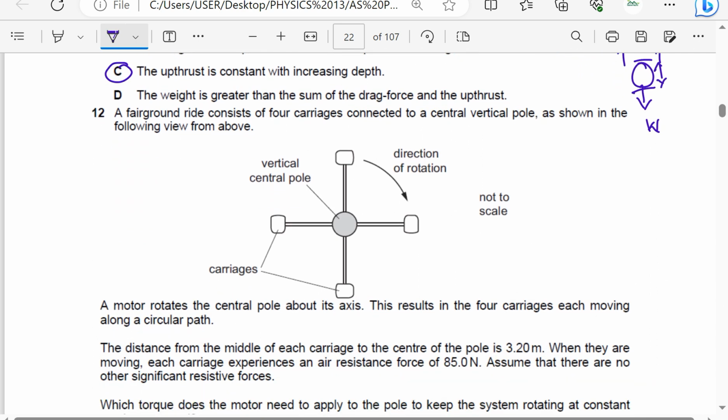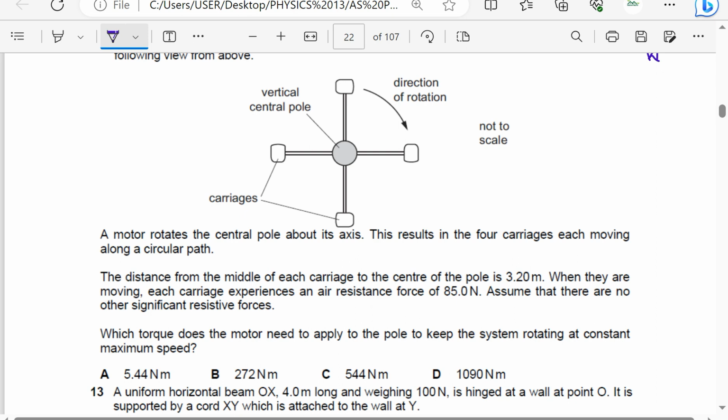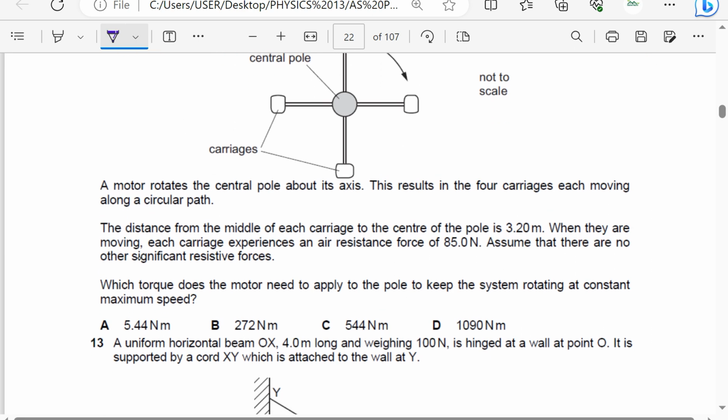A fairground ride consists of 4 carriages connected to a central vertical pole as shown in the diagram. A motor rotates the central pole about its axis. This results in the 4 carriages each moving along a circular path. The distance from the middle of each carriage to the center of the pole is 3.20 meters.